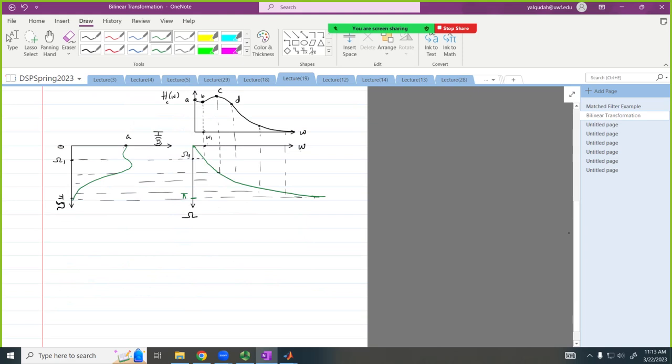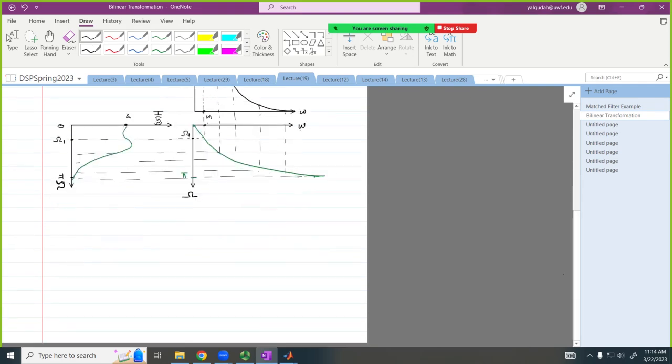So let's see how this thing works. So what we said is the following. We said that S is equal to 2 over T multiplied by Z minus 1 over Z plus 1.